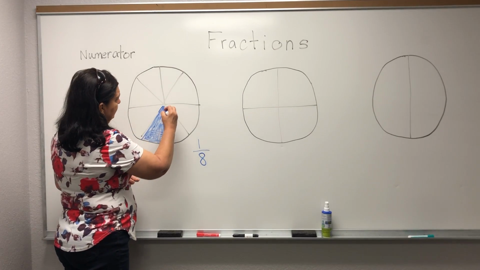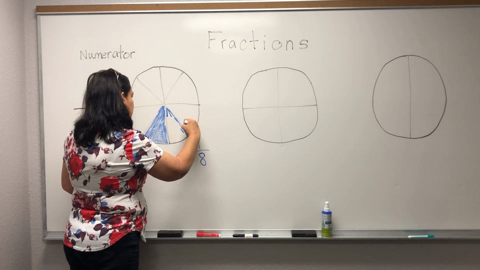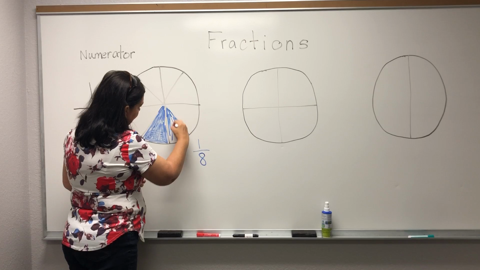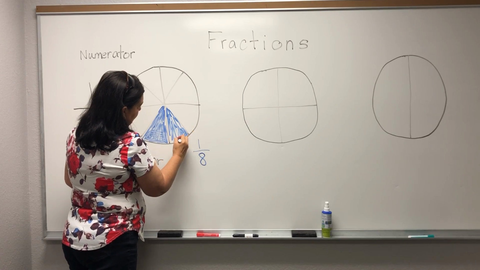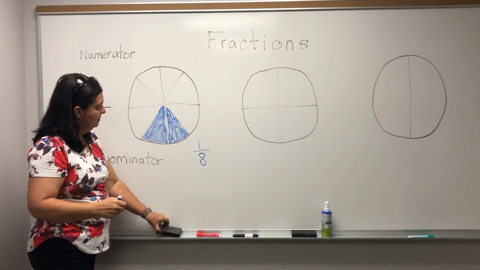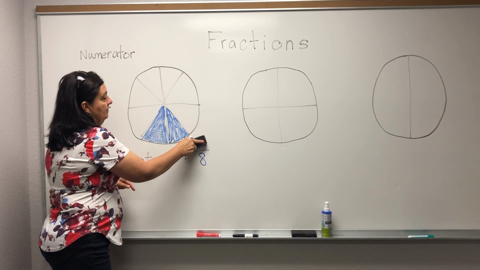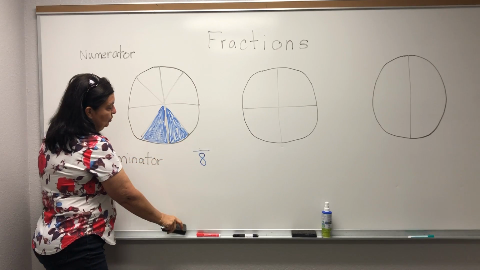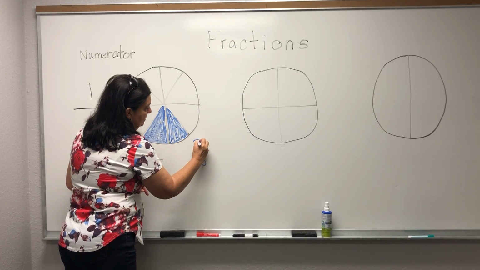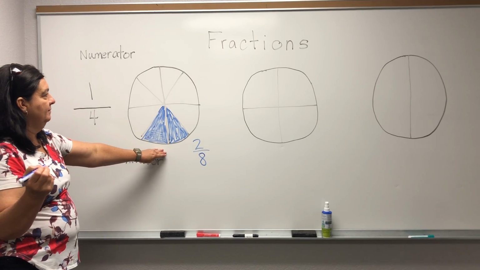Now, let's say you're still hungry, so you eat another piece. Okay? So now you've eaten 1, 2 of the pieces of pizza. So now we say you've eaten 2/8 of the pizza.